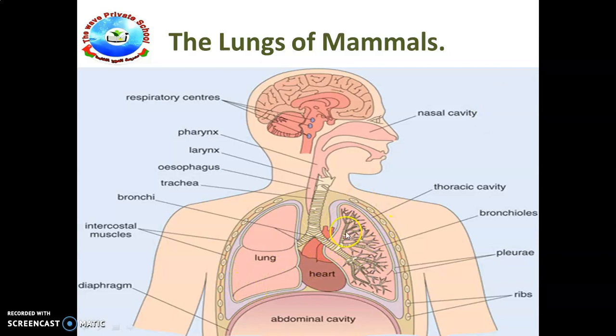Each bronchus will be dividing like this, and the smallest bronchi we call bronchioles. The finest bronchioles we call the terminal bronchioles, and there are air sacs called alveoli.